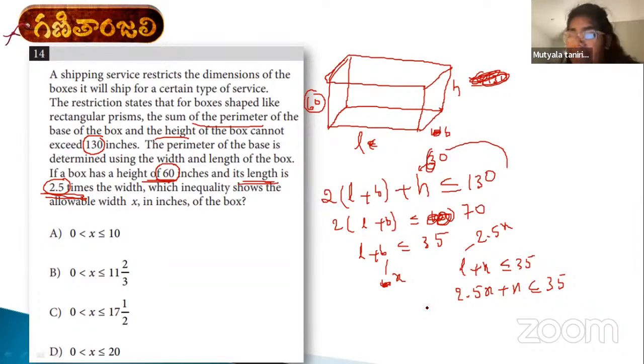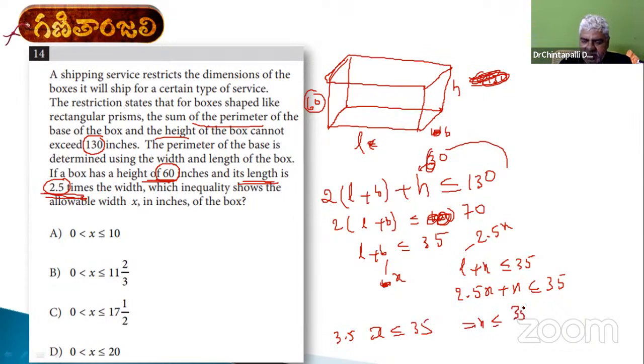It's 3.5x less than or equal to 35. Then x must be less than or equal to 10. Yes, 35 divided by 3.5. The answer is 10, Option A.